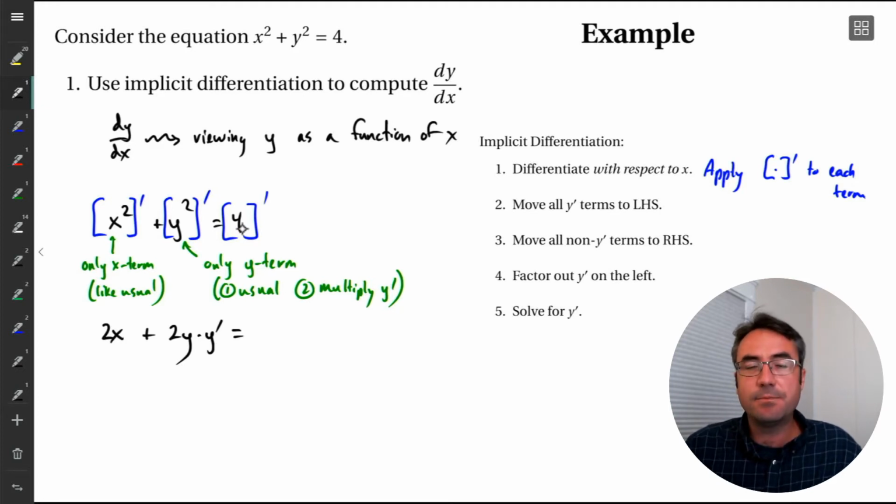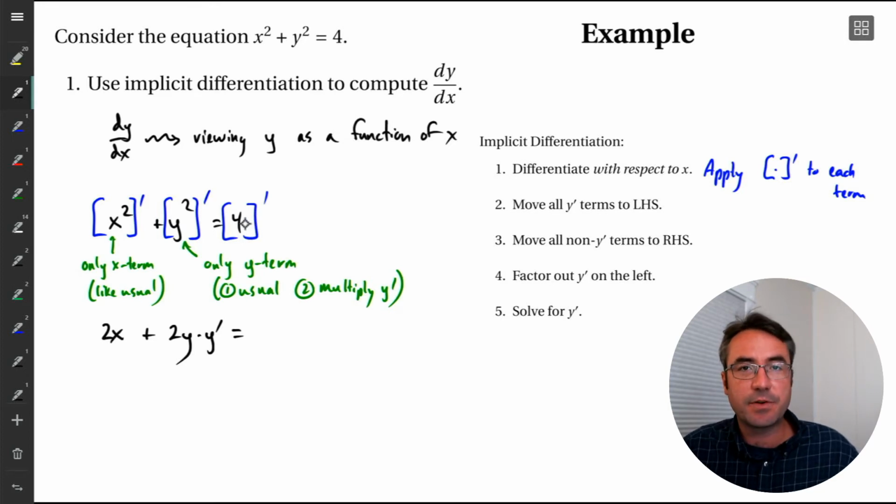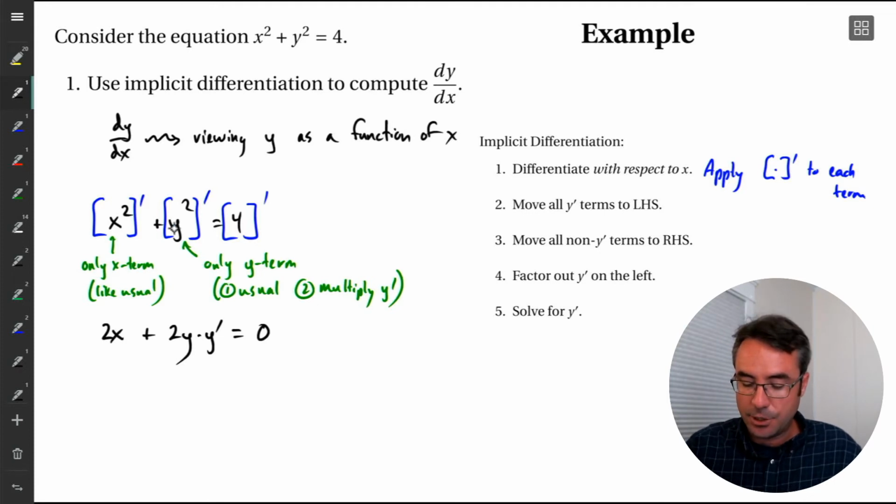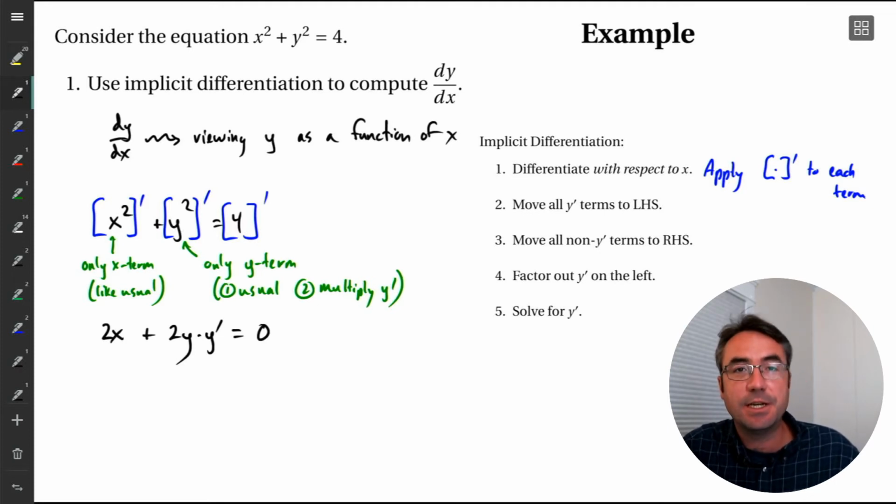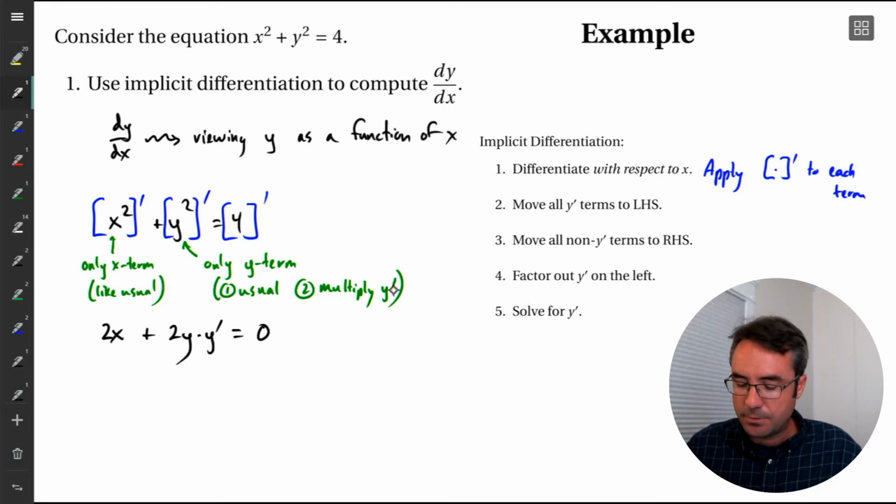And then on the right side, we're doing the derivative of the constant 4. The derivative of a constant all by itself is going to be 0. All right, so we've differentiated both sides of this equation with respect to x, going term by term and using our regular derivative rules, with this slight wrinkle when we had this term involving only y.